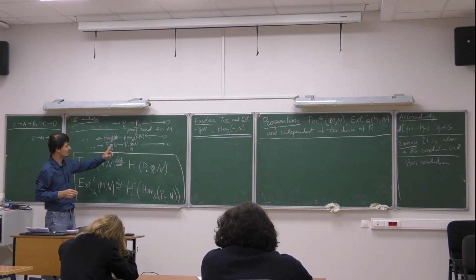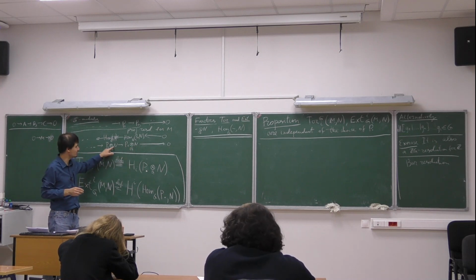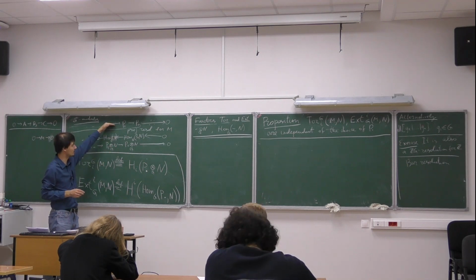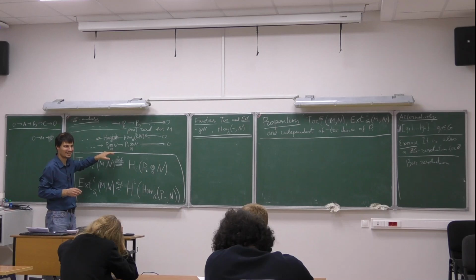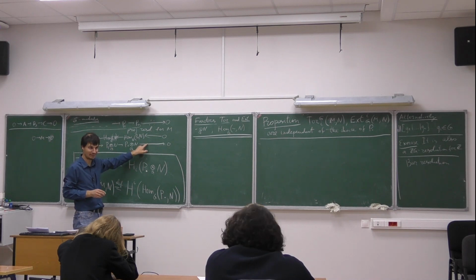suppose that N is projective, then the tensor product with N is an exact functor. So it takes an exact sequence. Well, this sequence is not exact. It will be exact if we add M here. But it takes to M here.